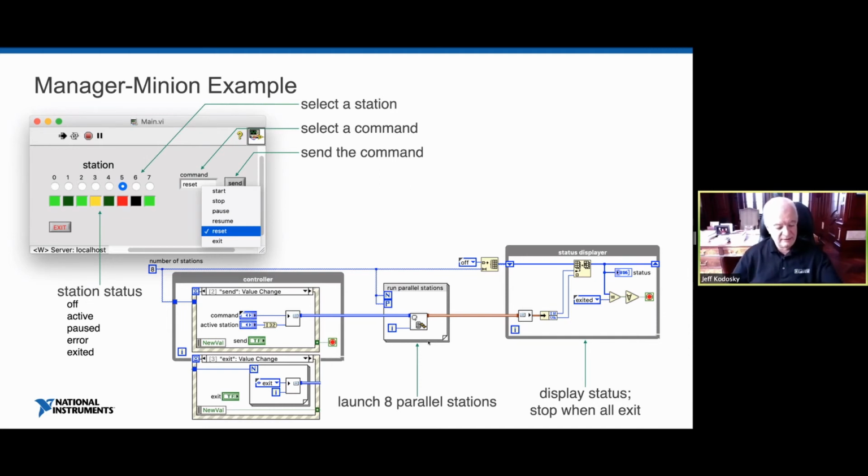The responses from the stations are all merged back into a single messenger channel, but as part of the message coming back is a station index, and so that allows the display loop to know which station's reply that was.